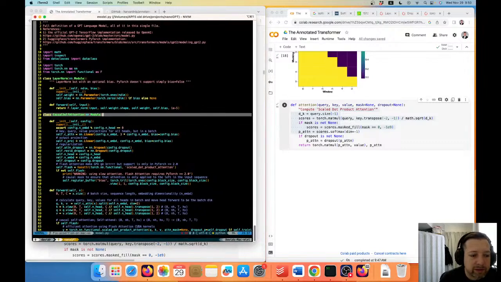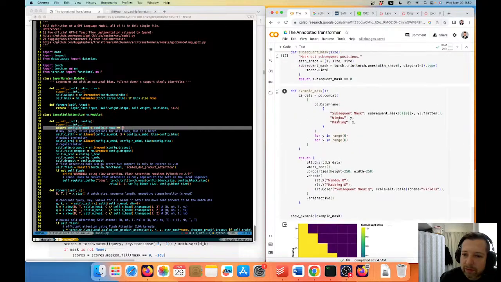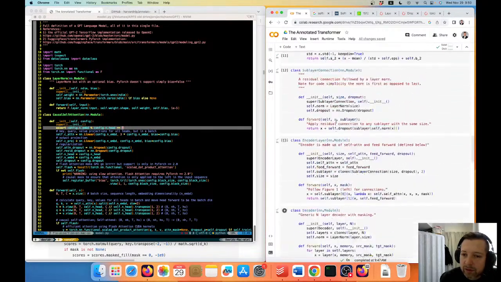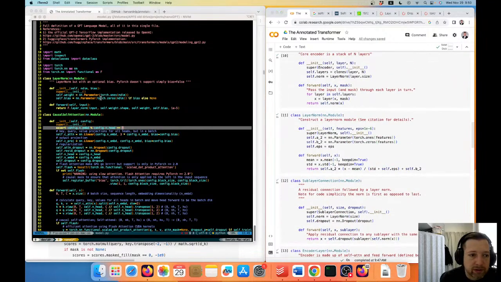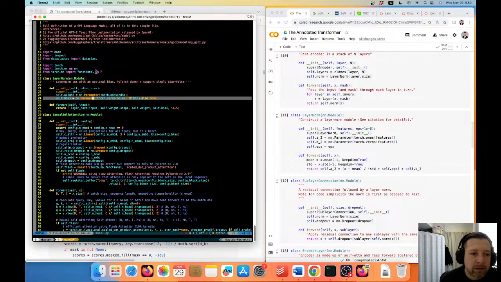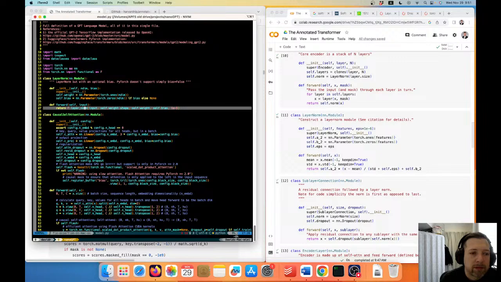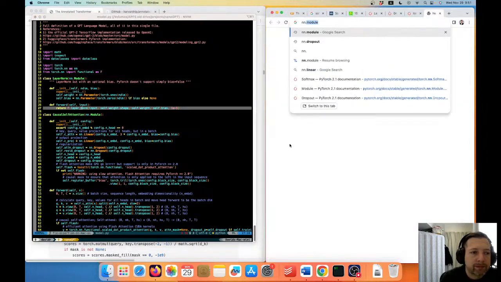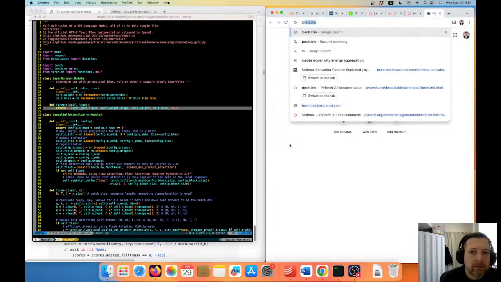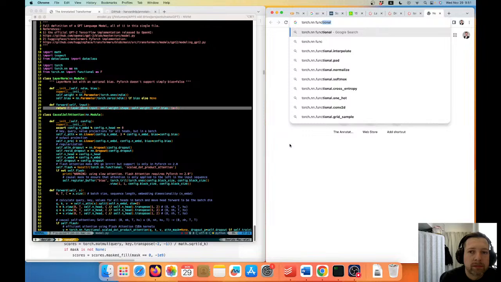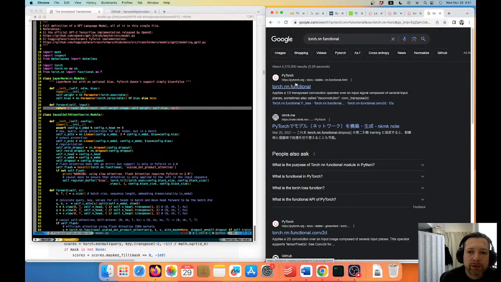So this is the model file. Maybe starting to look at this layer norm, it's probably pretty similar code. Functional, what's this?